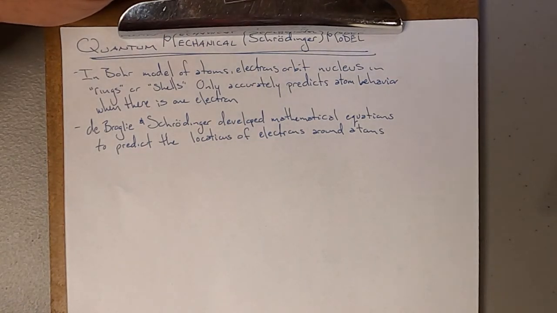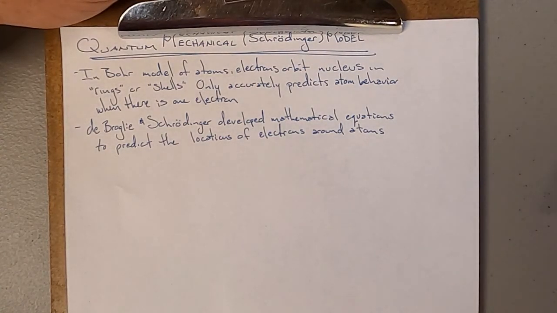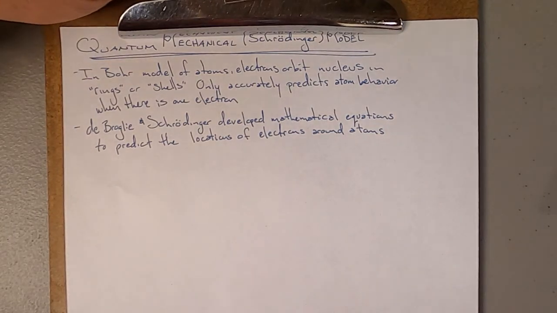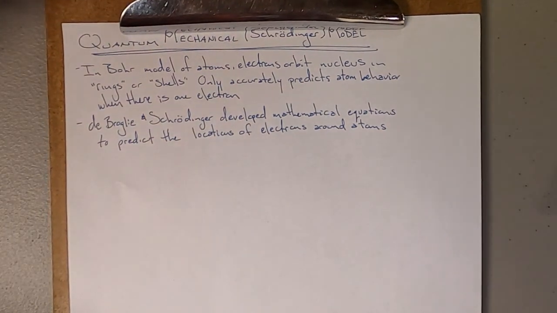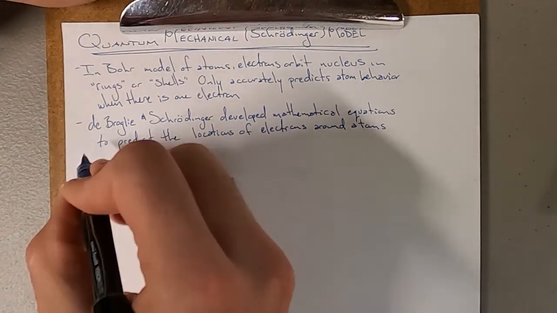the Schrödinger model, the quantum mechanical model, says that each of those levels is actually split into sublevels. Each shell is split into subshells, and they're also called orbitals. Some of the orbital shapes are spherical, but others are not.